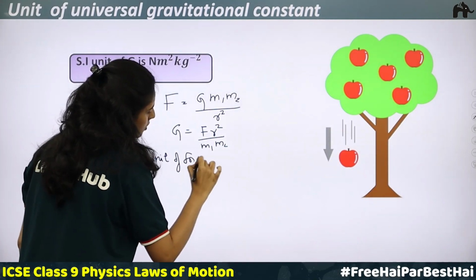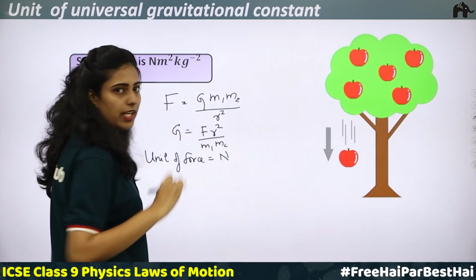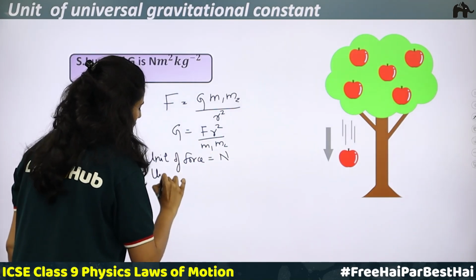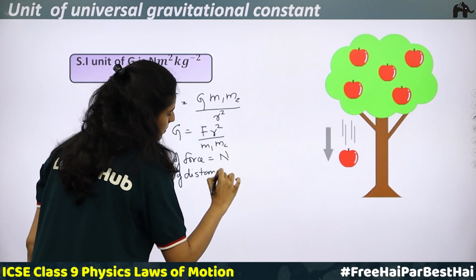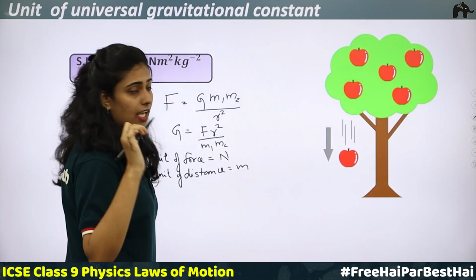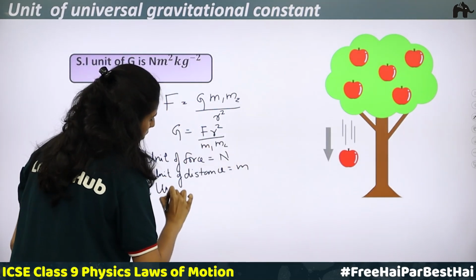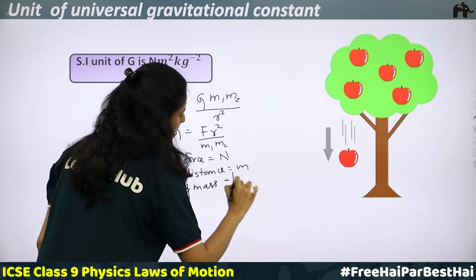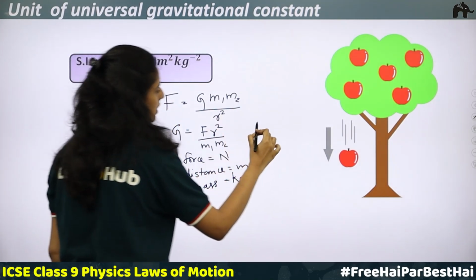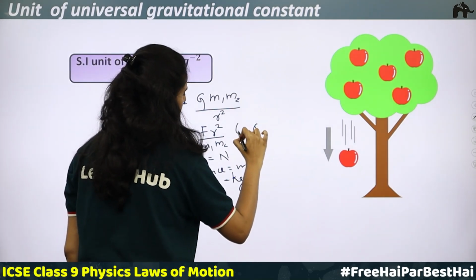Unit of force is Newton. Unit of distance or length is meter. We are taking the SI unit. Then unit of mass is kilogram.